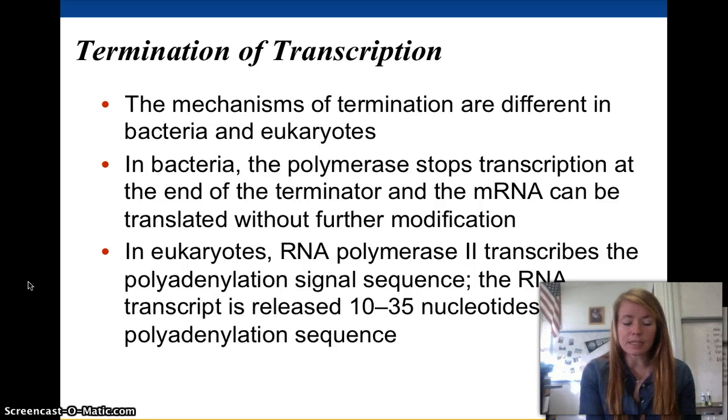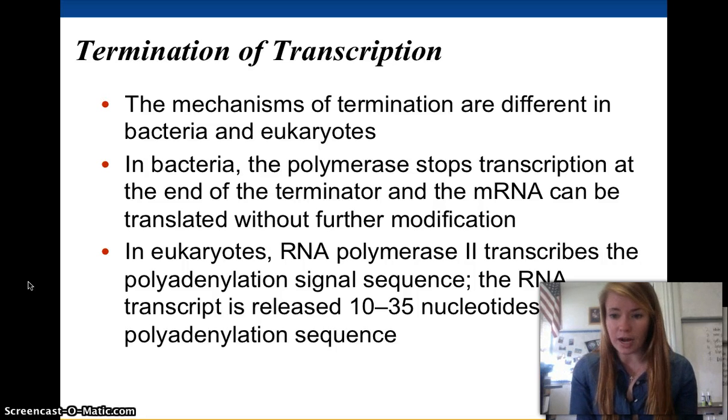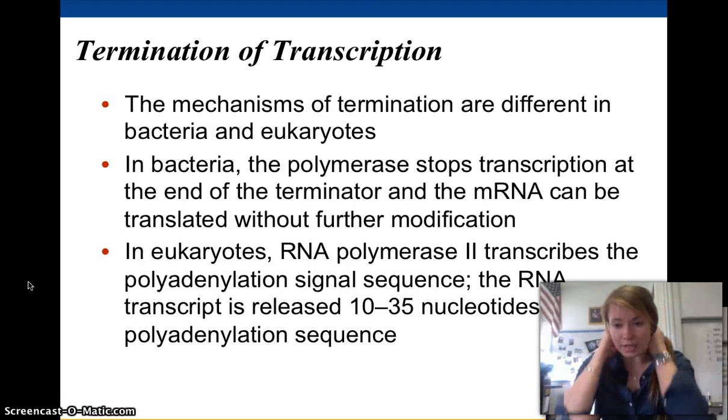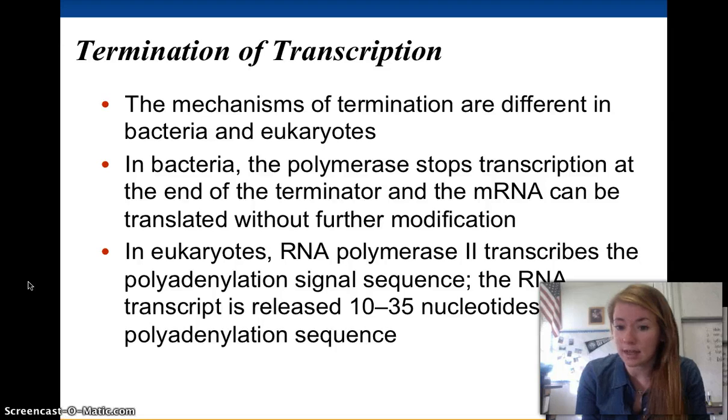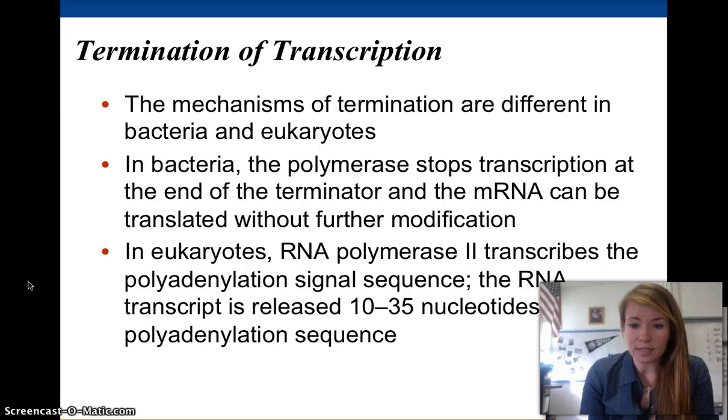So in bacteria, the terminator is transcribed. So the terminator is on the RNA molecule. It's actually the RNA molecule, not the DNA molecule, that tells the bacterial RNA polymerase to be done. And then the RNA is finished in bacteria cells. There's no RNA processing in bacteria. This is different than in eukaryotic cells.